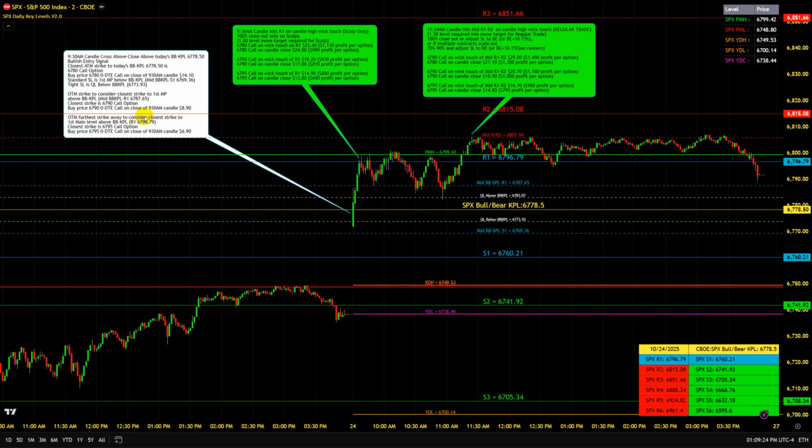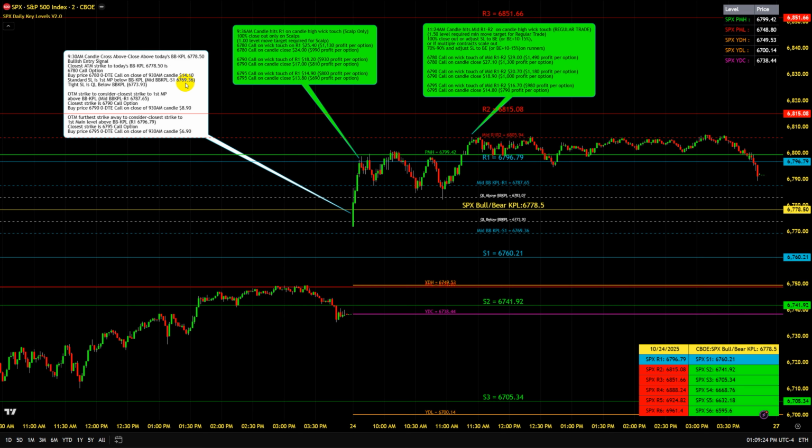All right, the furthest out of the money strike was the 67.95 strike. The 67.95 strike was only $6.90, so that would be $690 per call option.